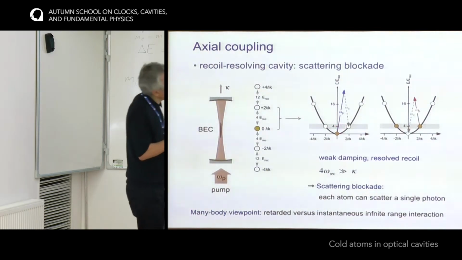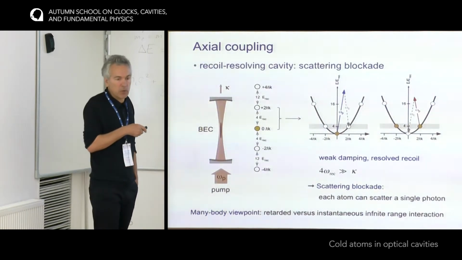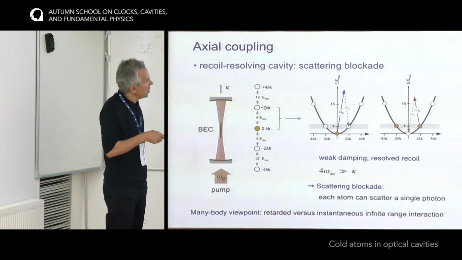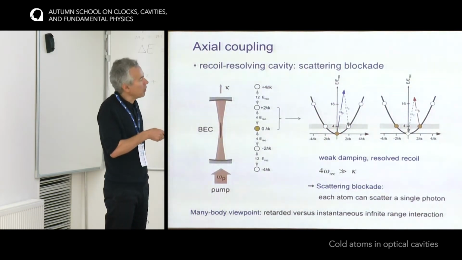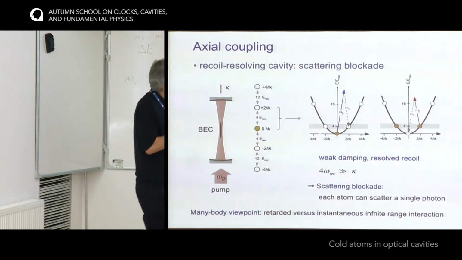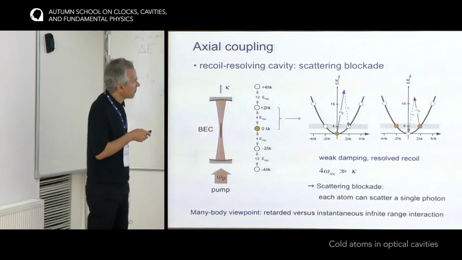As I said already, since kappa is significantly smaller than 4 times the recoil energy, after that nothing more can happen. Once we are here, we cannot go up and we will not be able to come back. However, if we now couple in a red detuned photon, then it's possible to bring both of these momentum states back to the 0 momentum state.